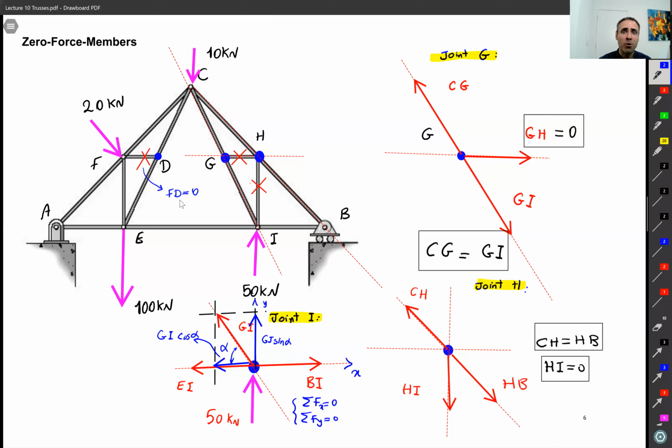So they apply a load at point H. Wind is coming, or maybe there are other forces, right? And so we need to have them in case there are other forces. Otherwise, everything on paper is stable, but in practice, even a small wind, everything is going to fall down.